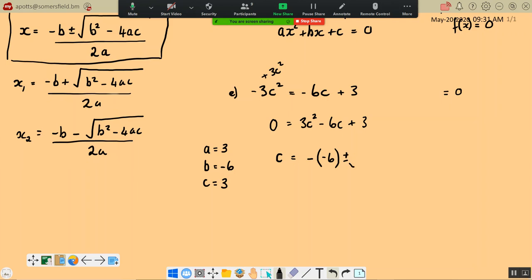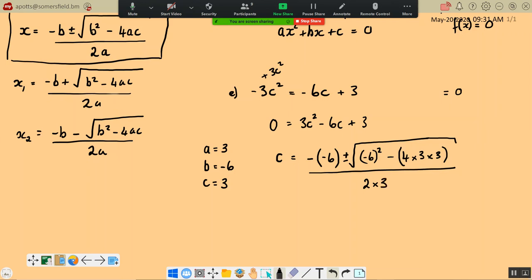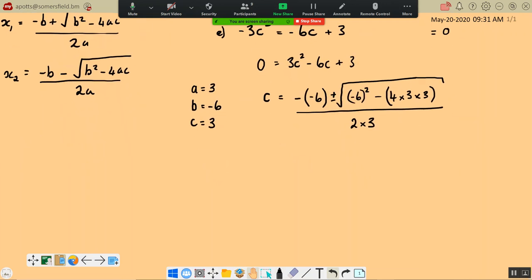So plus or minus the square root of, okay, b squared is minus 6 squared, minus, and because it's a minus there, I put the next lot in brackets just in case, 4 multiplied by a, which is 3, multiplied by c, which is another 3, all over 2 lots of whatever a is, which is 3. And I just go through and solve that.